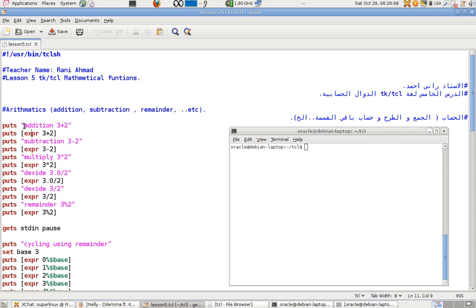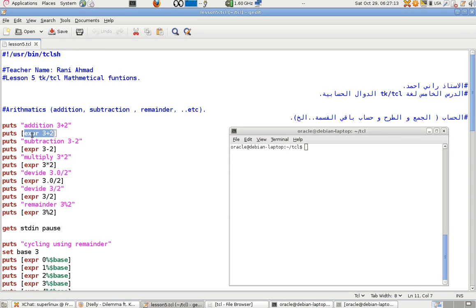Now, this is how we add. We use expr 3 plus 2, and these square brackets, as we said, will output the result of this command.